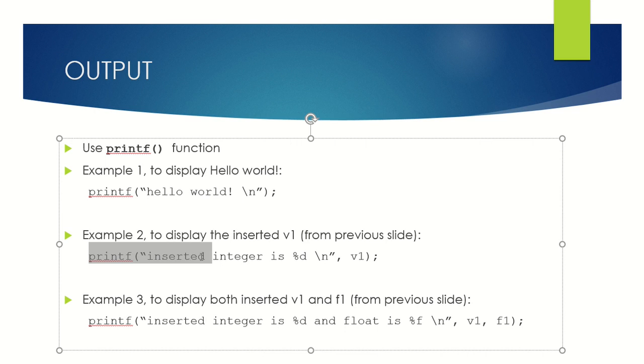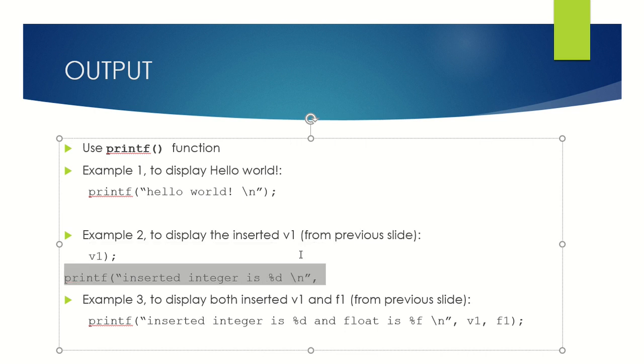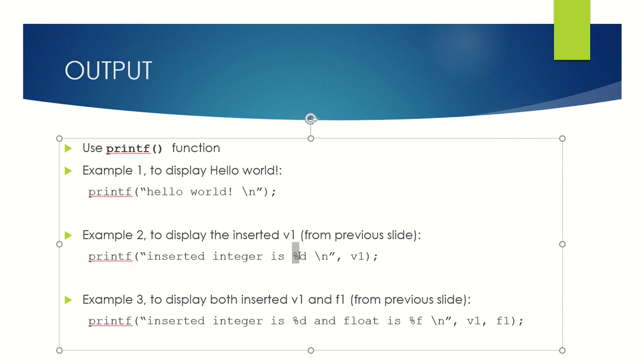So printf inserted integer is %d. So maksudnya kat sini %d ni mungkin ada yang tertanya-tanya lah. Okay, so basically %d ni dia akan ambil apa value yang ada dekat v1. So kalau dalam previous slide tadi, dalam scanf kita masukkan nombor 6. So kat sini nanti, bila kita run this program dia akan keluar lah, inserted integer is 6.